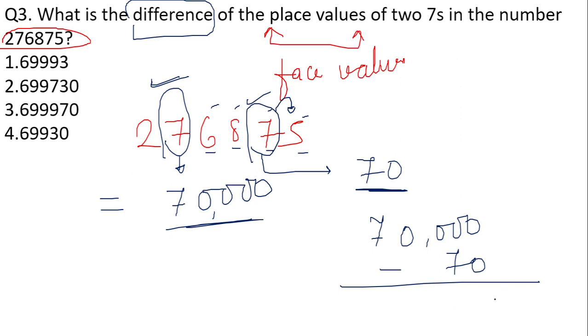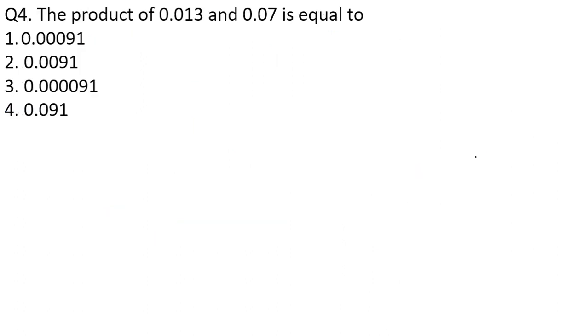If we do this, we'll get the answer. So 69,930 is going to be your answer. Simply you have to know what place value is, and based upon that we have taken the difference.